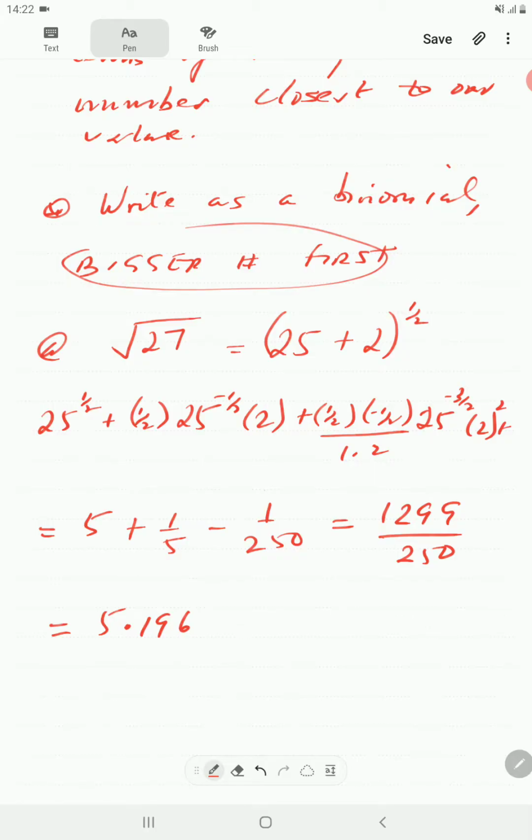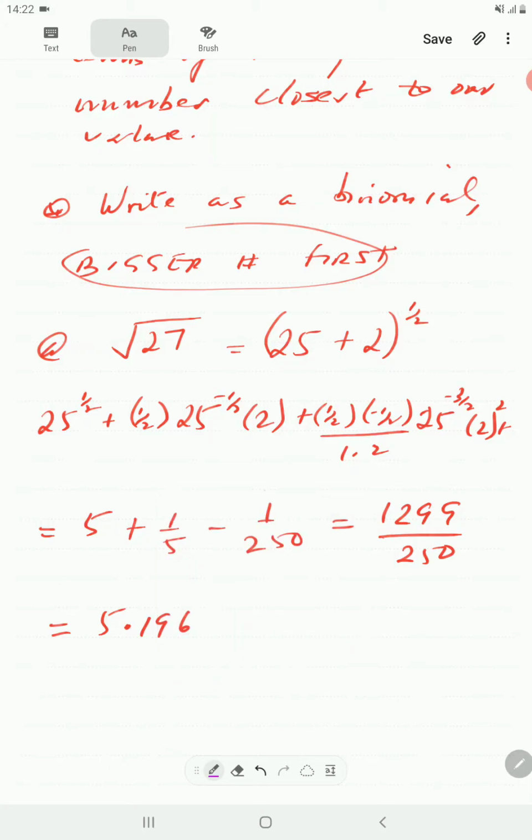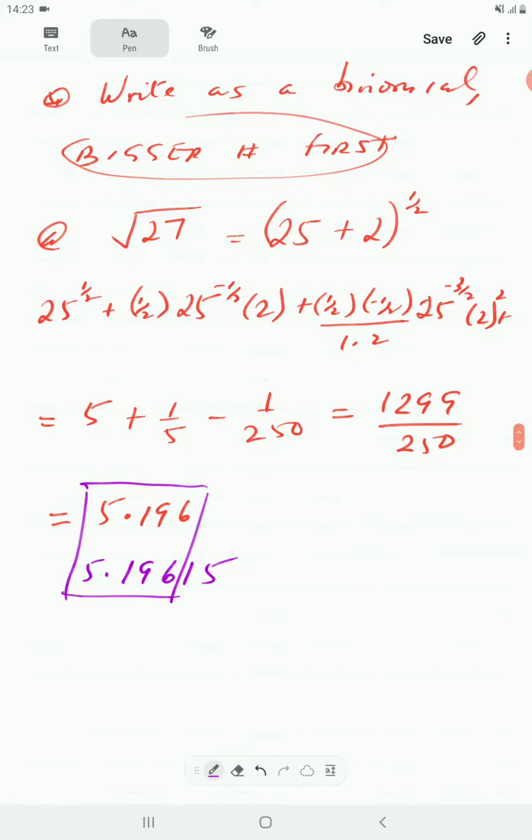The exact value of the square root of 27, if we punch it in the calculator, works out to 5.19615. So you can see that correct to 3 decimal places, our value that was derived using the binomial series is pretty good.